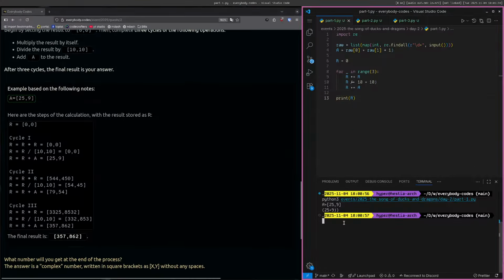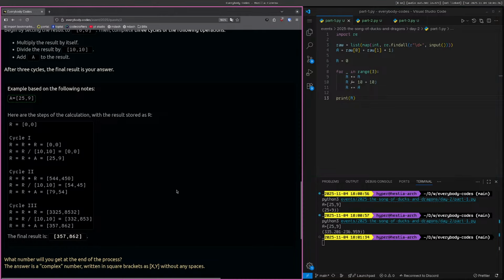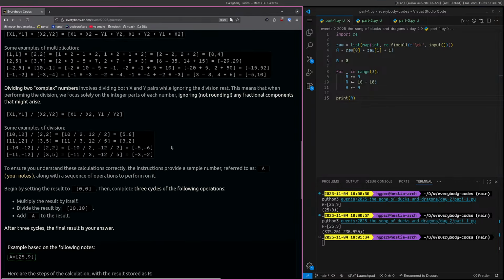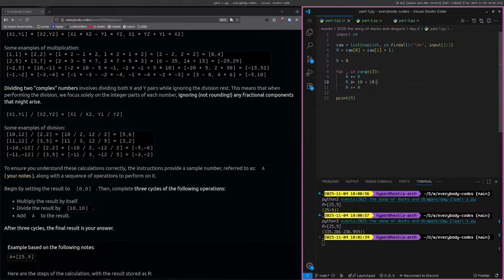I don't actually know if this will work. Are we supposed to round? Floor, okay. I think we have to do this.